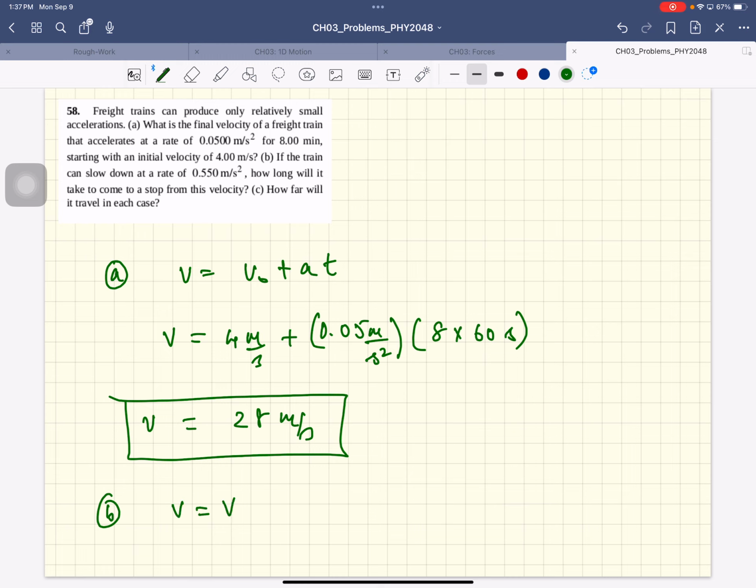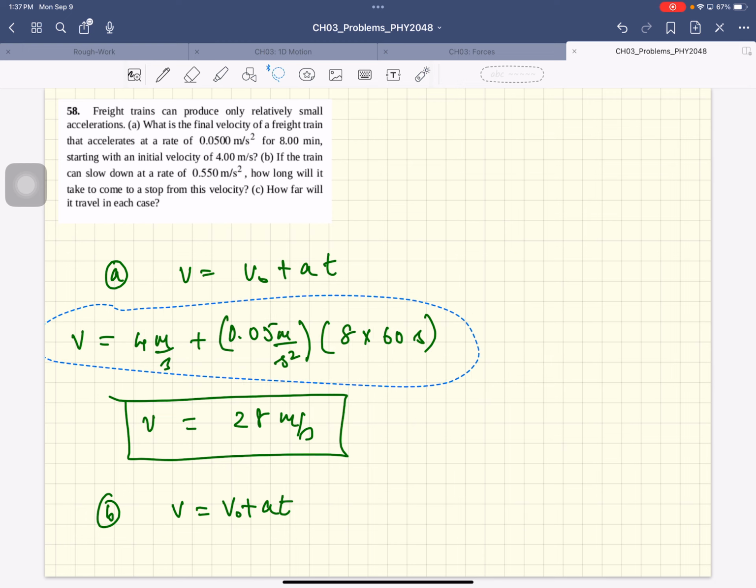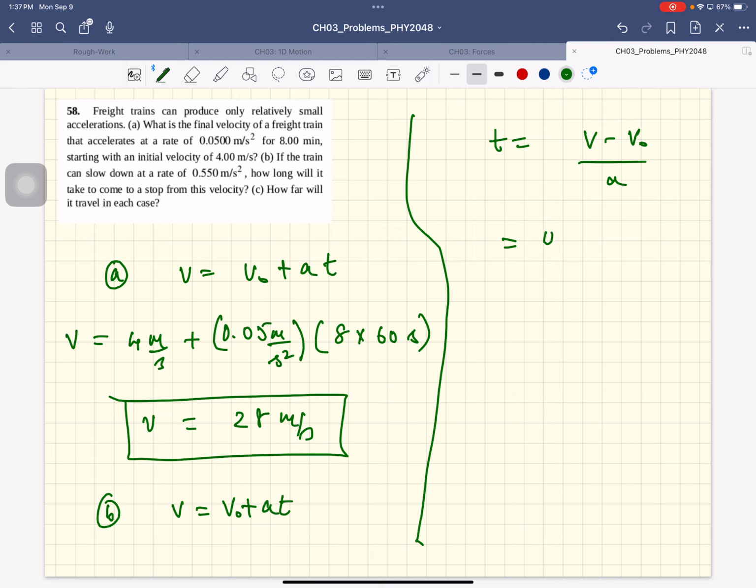V equal to V naught plus AT. So in this case, again, T is V minus V naught divided by A. Your final velocity is 0. Your initial velocity is 28 meters per second.